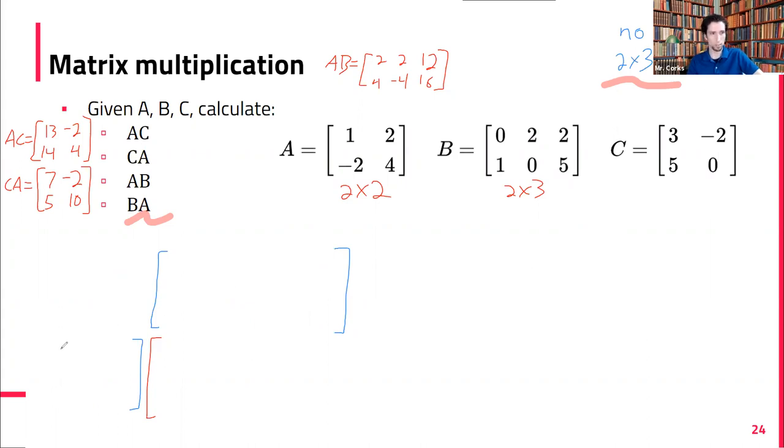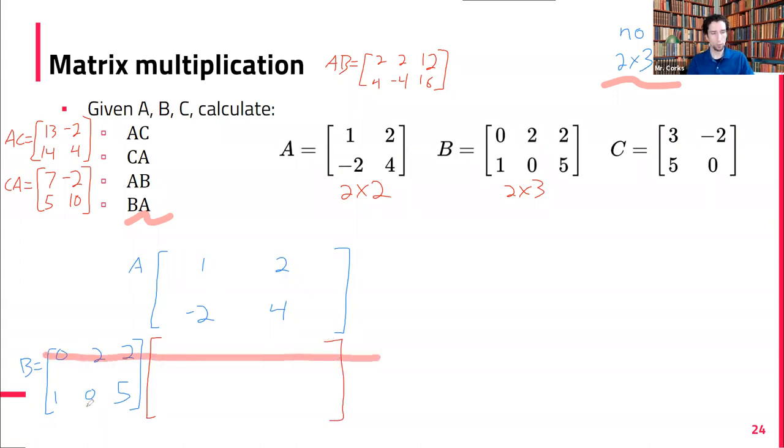Anyone else? So, matrix B and A. Okay. So let's line up our things here.